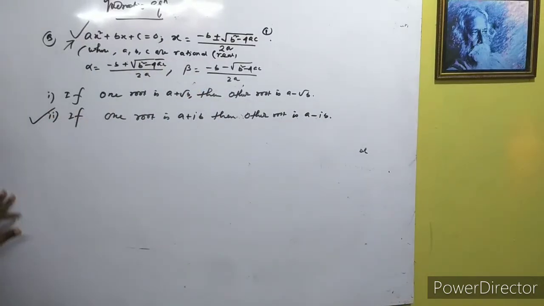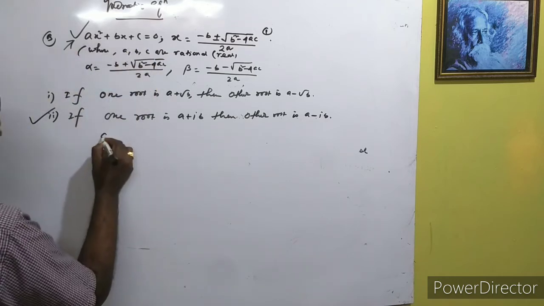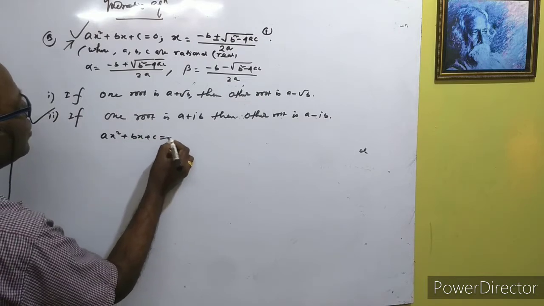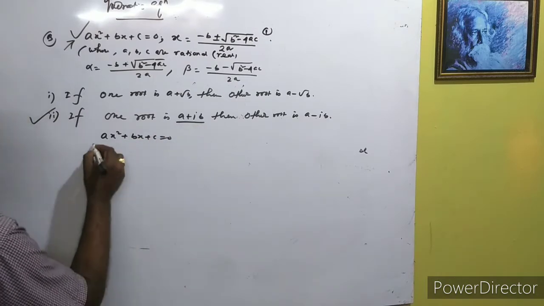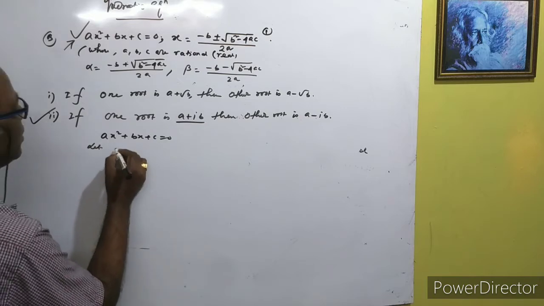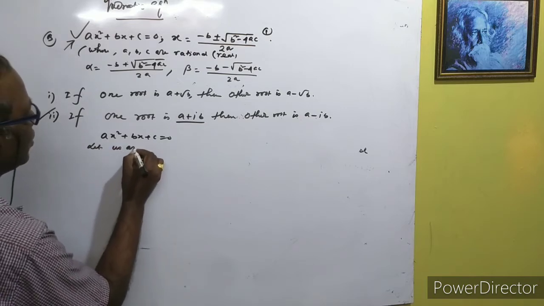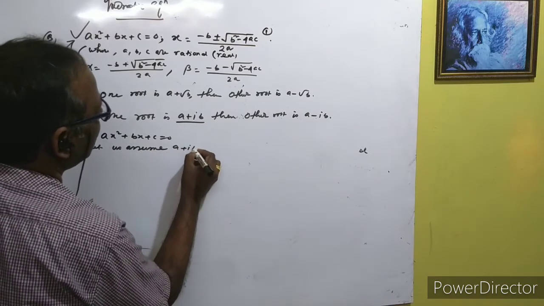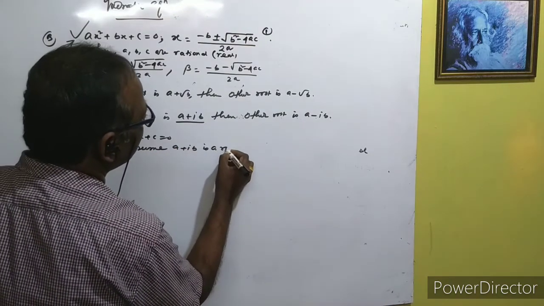Now we have to discuss the second point, and the equation is ax square plus bx plus c. Let us assume a plus ib is a root.